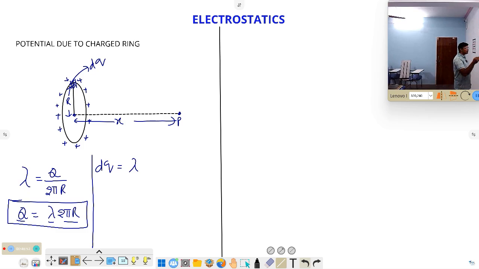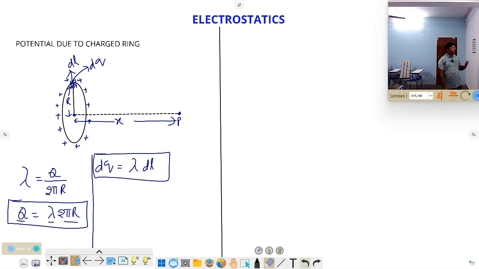Now dq is equal to lambda into the small elementary length, which you can write as dl. Don't take dr, take it as dl, the elementary length. So dq is equal to lambda into dl, the length of this portion which you chose. Now we need to calculate the potential at this point.